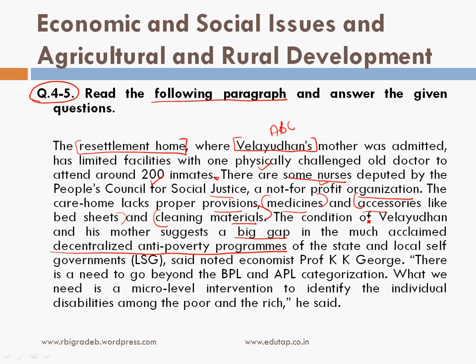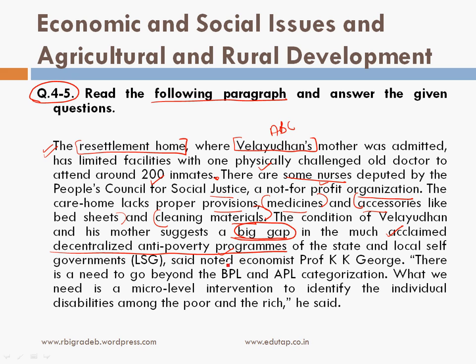Right, so although so much is written about these programs and such tall claims are made that they have resulted in eradication or maybe reduction of poverty, still, when we look at the actual ground situation, we see a big gap in these acclaimed decentralized anti-poverty programs run by the state and the local self-governments.